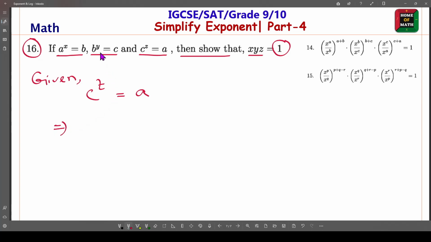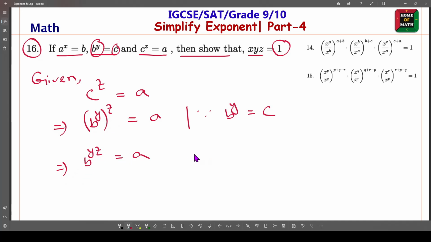Now look, here c equals b to the power y. So against this c we can write b to the power y and whole to the power z equals what? a. We can write as b to the power y equals c. Okay, so this one we can write b to the power yz equals a. Why?